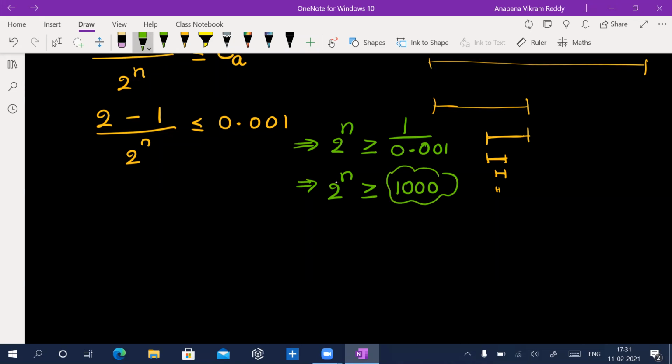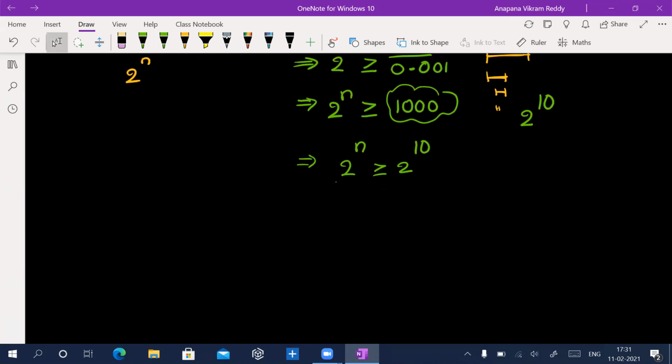Obviously, 1000 is approximately 2 to the power of 10. So I can say 2 power n greater than or equal to 2 to the power of 10. Whether you do it this way or go for log, you must get n greater than or equal to 10.